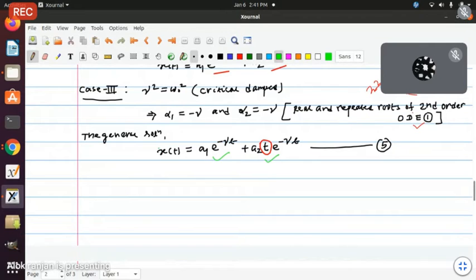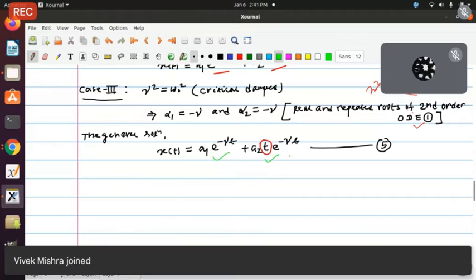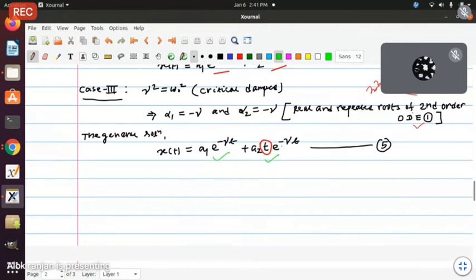So the nature of the plot of this solution x of t under critical damped will depend on the second part of the solution, A2 t e to the power minus gamma t. When time t equals 0, this term will be 0.